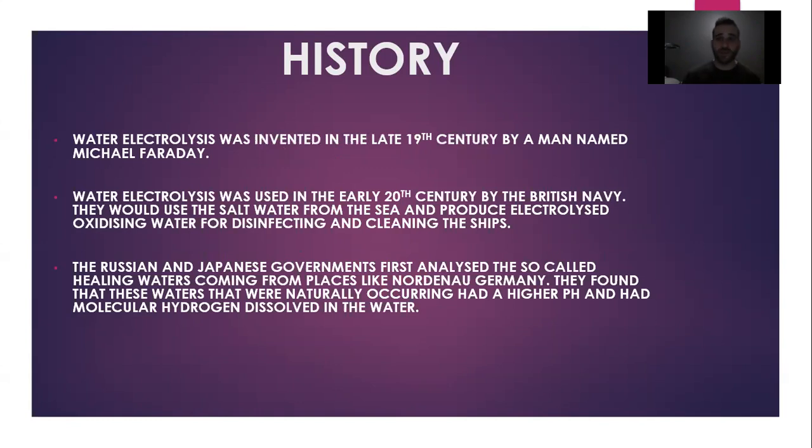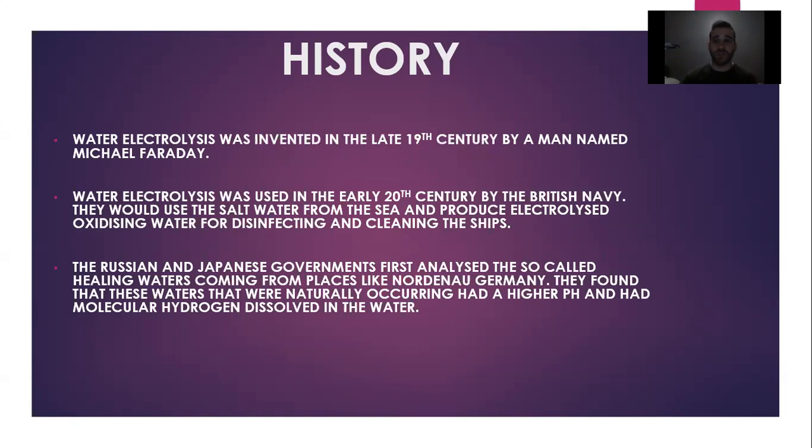The Russian and Japanese governments were the first to really go and analyze samples of these different so-called healing water locations that people are lining up to by the thousands, and still do today.